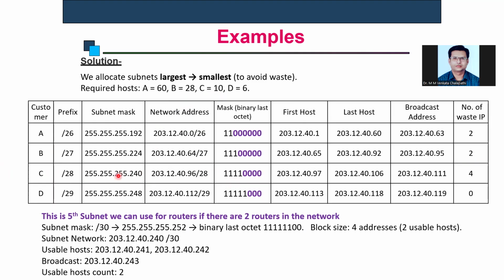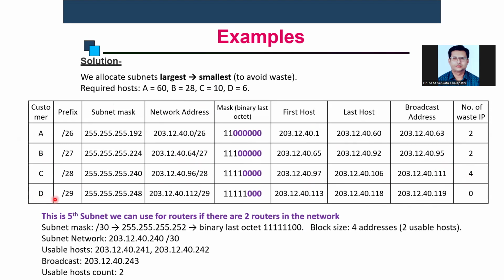The subnet mask will be 255.255.255.240, and the network address will be 203.12.40.96. The first host is 97 and the last is 106, and the broadcast address will be 203.12.40.111. The addresses 107, 108, 109, 110 are unused, so four IP addresses will be wasted.